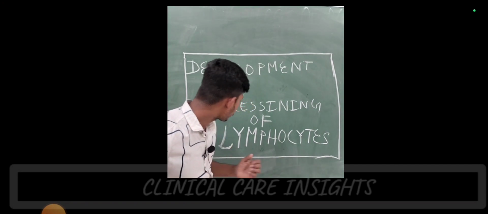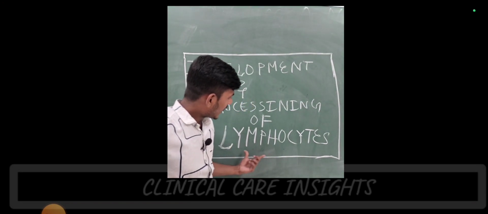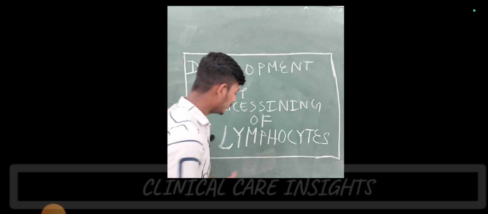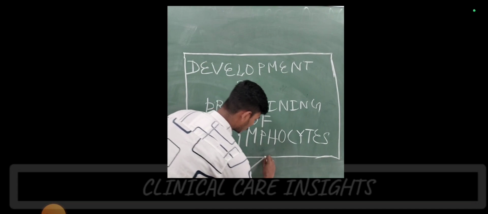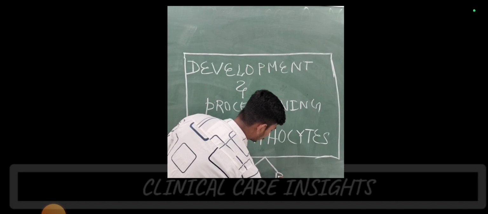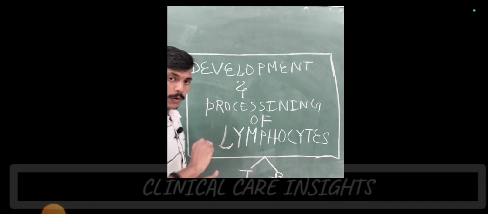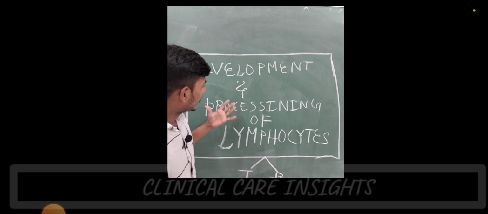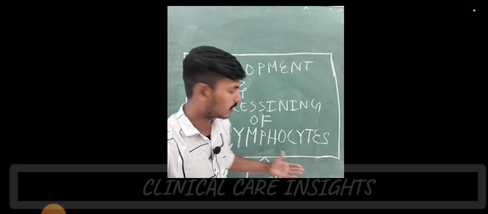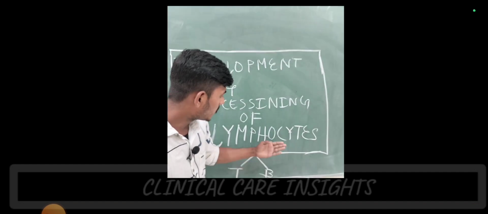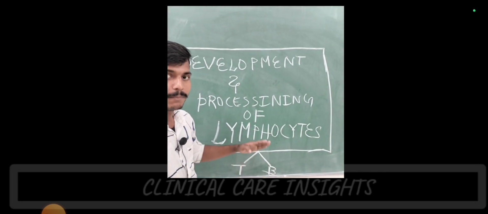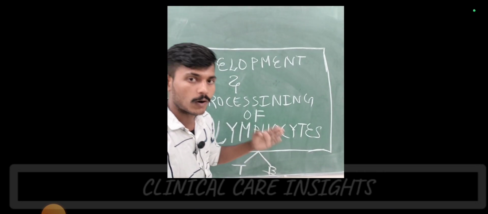Now you know that lymphocytes are classified into two types: the T lymphocyte and the B lymphocyte. Let me summarize: lymphocytes are a type of WBC, or leukocyte, formed primarily in the bone marrow and stored in the primary or secondary lymphoid organs.